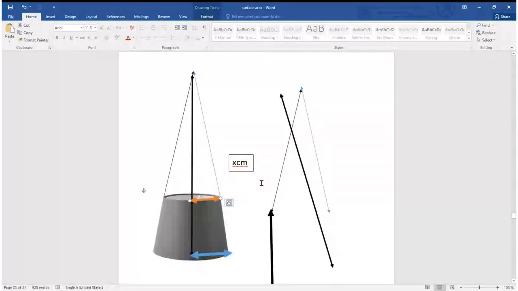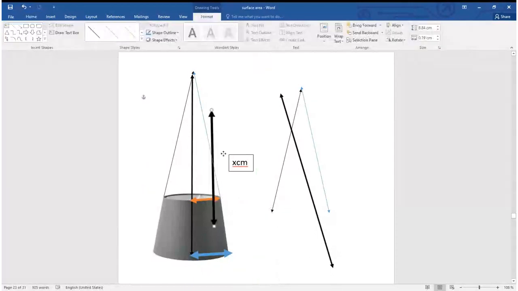This is the height of the small cone, the one that I'm adding here. So it is one that I'm going to call x centimeters. And then because the lampshade is going to have a height here, the big height is going to be something plus x centimeters. So you just do the same for this.